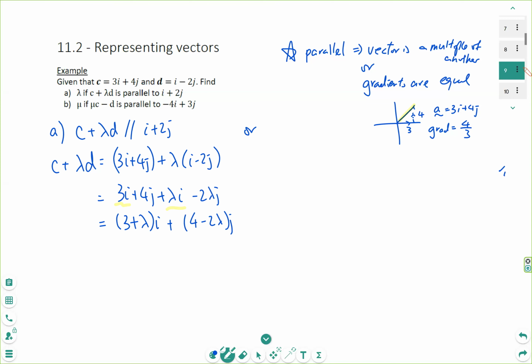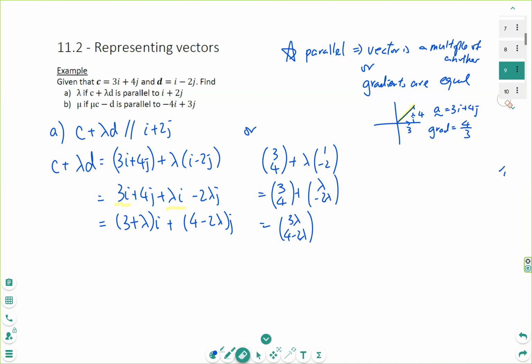It's not required, I'm just showing you: (3, 4) plus lambda times (1, minus 2). 3i plus 4j is (3, 4), and i minus 2j is (1, minus 2). If you multiply it out, (3, 4) plus (lambda, minus 2 lambda) gives 3 plus lambda and 4 minus 2 lambda.